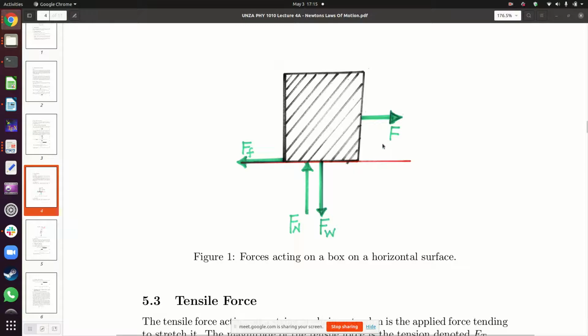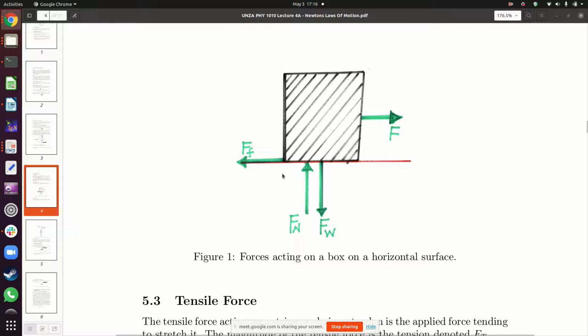After you add these particular forces, the other case you can have is that your resultant force can be negative. If the resultant force is negative, then the resulting acceleration is going to be negative. So a negative acceleration will cause the velocity of your object to reduce until it comes to a stop.